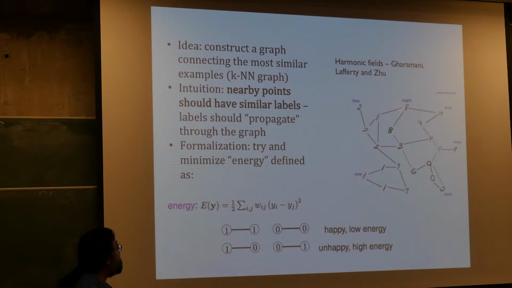So these ones in blue have got labels. So that's a 9, this is a 1, that's a 0. What I'm going to do is take these unlabeled examples and connect them up in a graph. So I'll have a weight between every image and its most similar images.